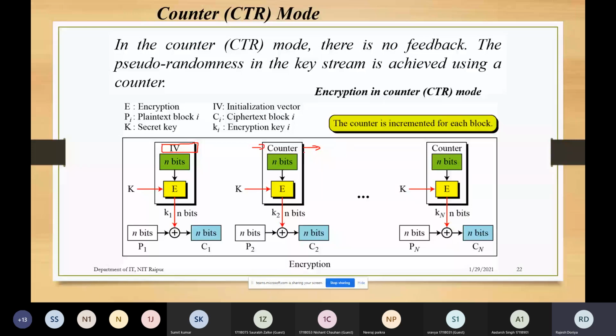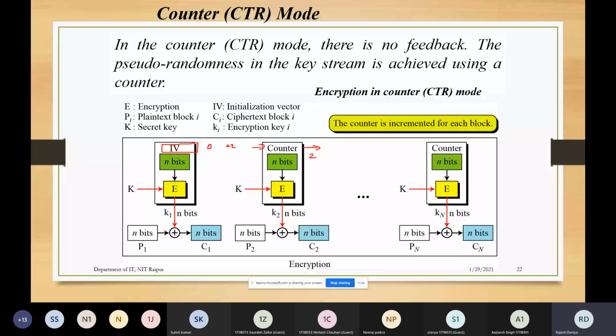Let us say we assumed the initialization vector as 0, and we agreed with the receiver that each time something next has to be encrypted, the counter value is incremented by 2. So the initial value is 0.